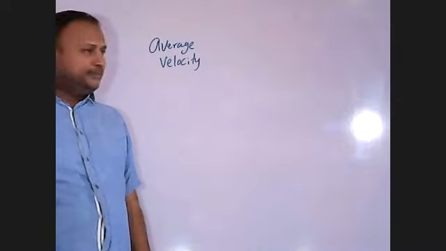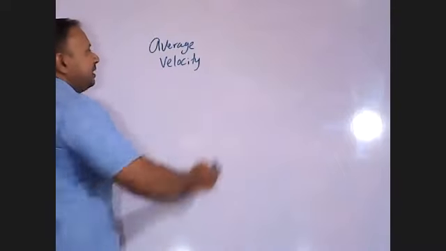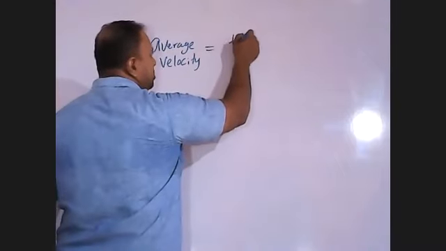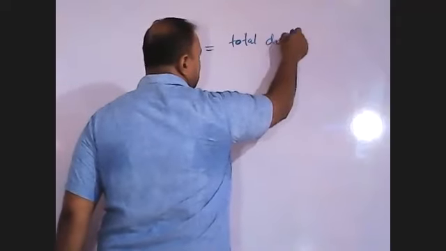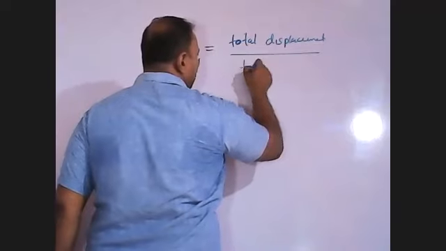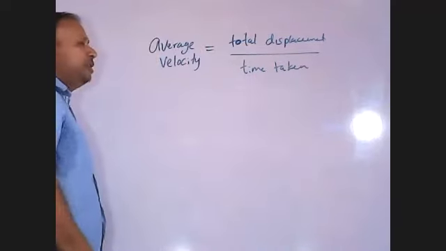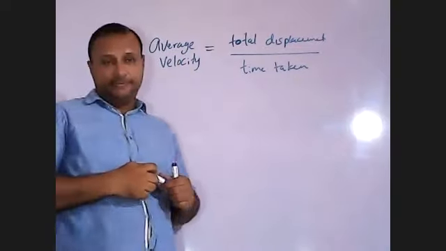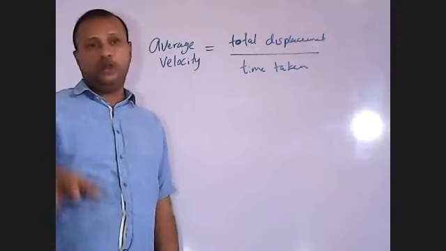It is defined as the ratio between the total displacement over the time taken. That is the definition of average velocity.